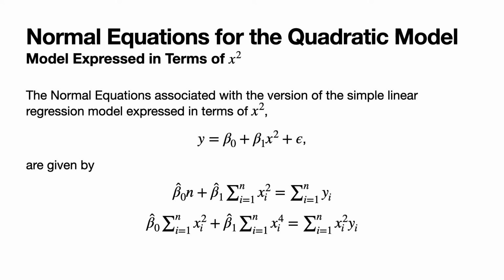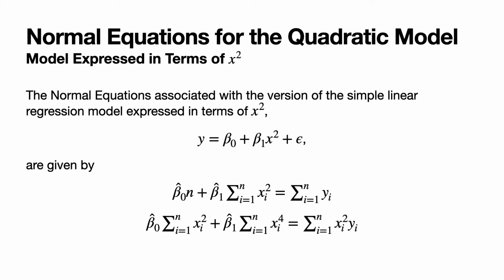On the other hand, the normal equations associated with the version of the simple linear regression model expressed in terms of x squared, so y equal to beta 0 plus beta 1 times x squared plus epsilon, look a little different. Notice that instead of, in the first line, having beta 1 hat times the sum of the x's, we have beta 1 hat times the sum of the x squared values.